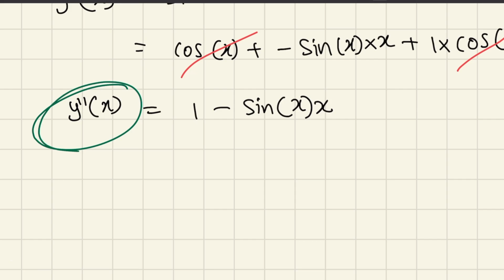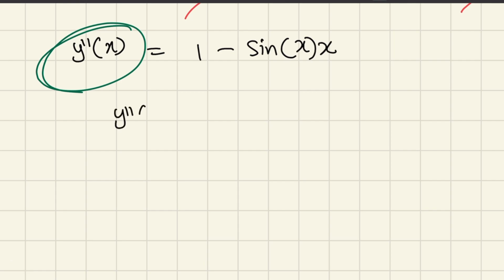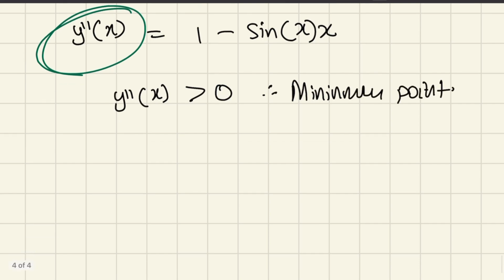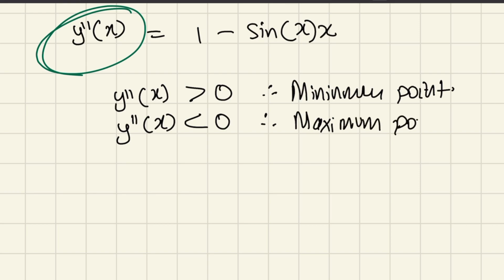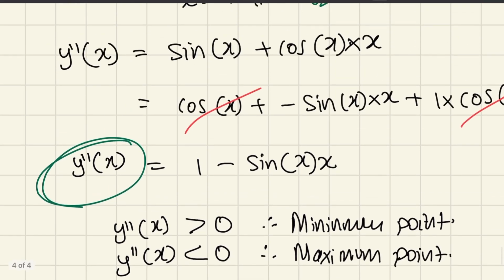This will give us the nature, and if the second derivative is greater than 0, this means that it's a minimum point. And if the second derivative is less than 0, this means it's a maximum point. So we want to sub all of these in.